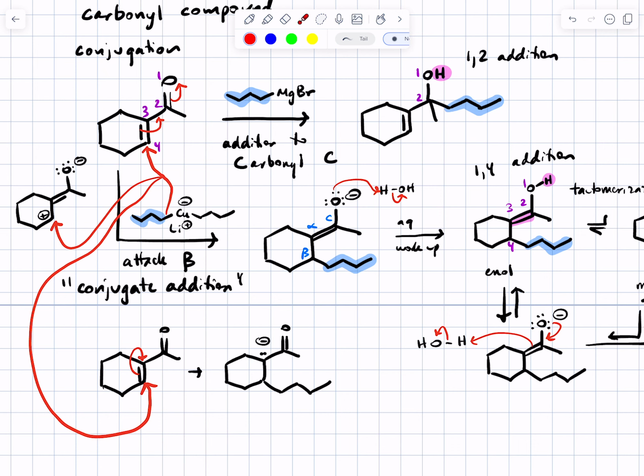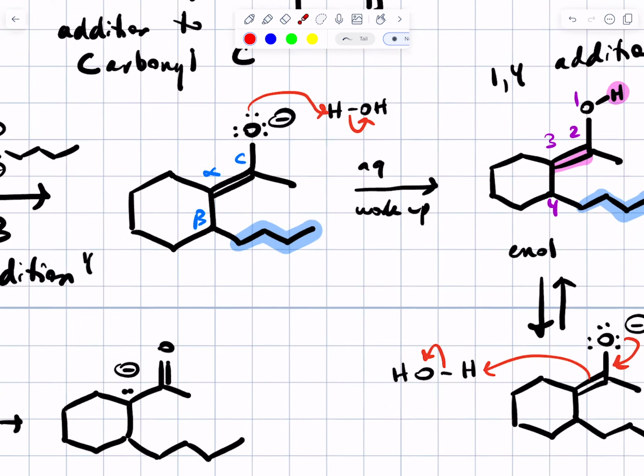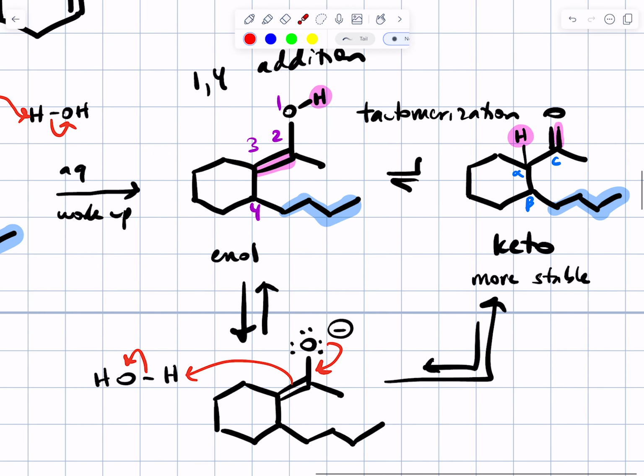Addition at the beta carbon, would that become a stereocenter out of the 4? Yeah, good point. So we have the beta carbon, as you've noticed in our product, is a stereocenter. By drawing without dashes or wedges, I'm simply communicating you get both configurations. And actually, the alpha carbon is a stereocenter too.